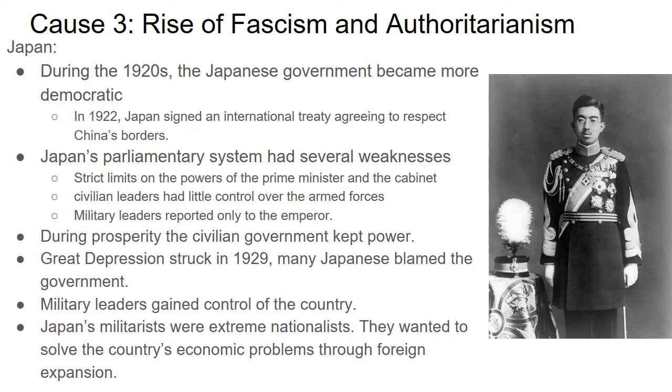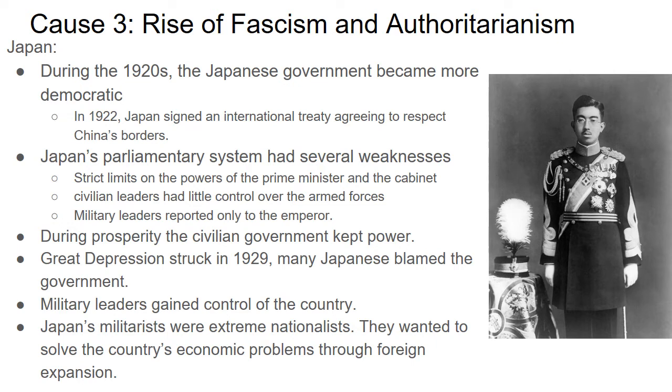And so, the emperor is still on top throughout all of this, but the military becomes a lot more powerful than the legislature. And that means that Japan's focus, once again, shifts much more towards military matters. Many of Japan's military leaders were extreme nationalists. And so they wanted to solve Japan's economic problems by foreign expansion.